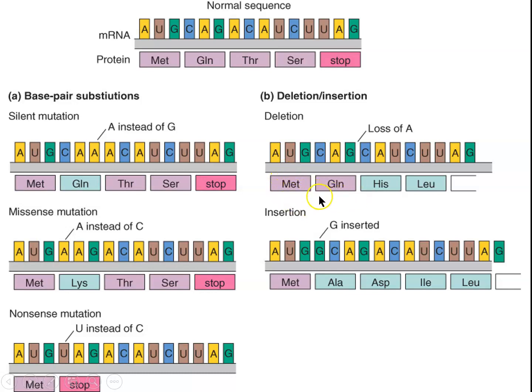This hasn't changed. But then when we get to here, instead of ACA, it's CAU, because these 3 have moved over 1. And CAU encodes histidine, and that is not the same as the threonine that was supposed to be there. And all the downstream amino acids are basically scrambled and randomized when this happens. So an insertion or deletion will usually completely randomize the gene because it changes the reading frame.